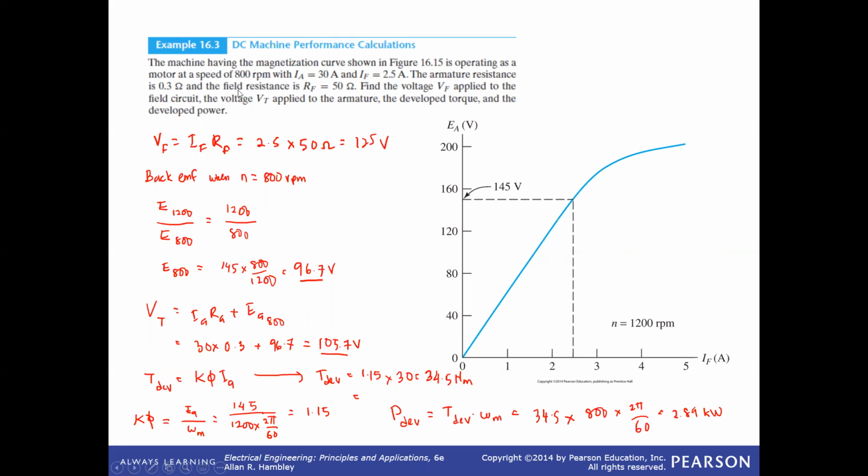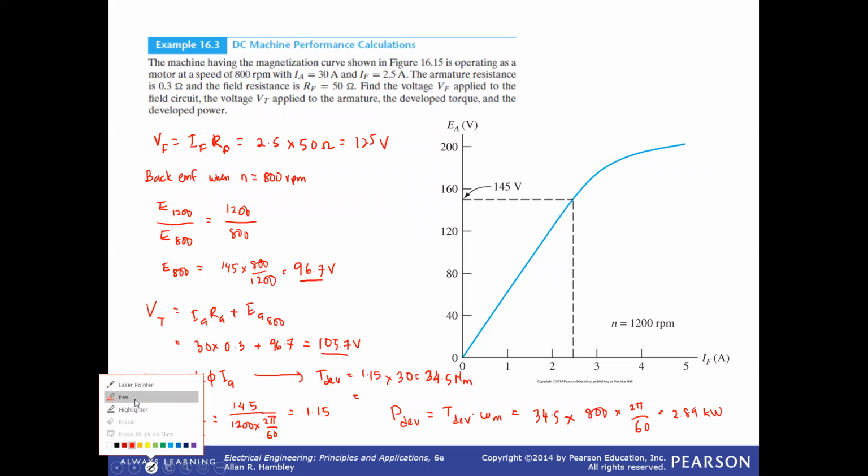The armature resistance is 0.3 while the field resistance is 50 ohm. Find the voltage VF applied to the field circuit, the terminal voltage applied to the armature, the developed torque, and also the developed power.